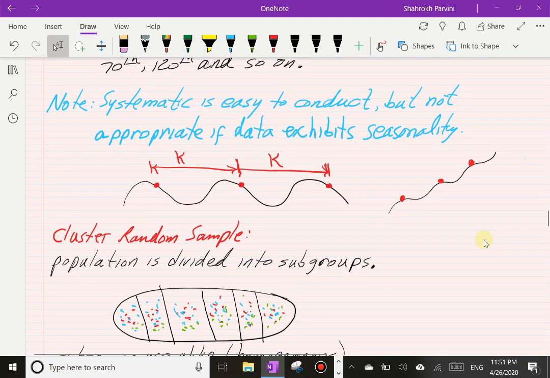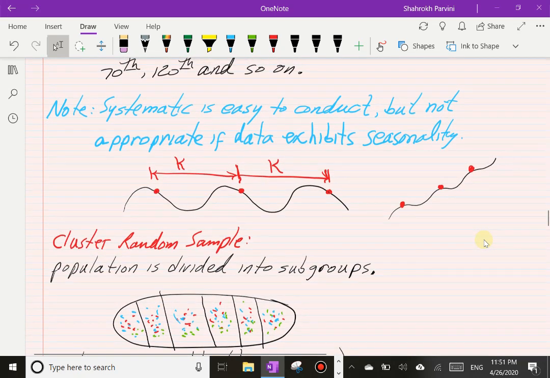And then we look at the cluster random sample. Now, in a cluster sample, we're going to divide up the population into subgroups. That's what I have done in this one. So I have these subgroups. How many subgroups you have really depends. I just made it, in this case, 6 subgroups. 1, 2, 3, 4, 5, 6 of them.